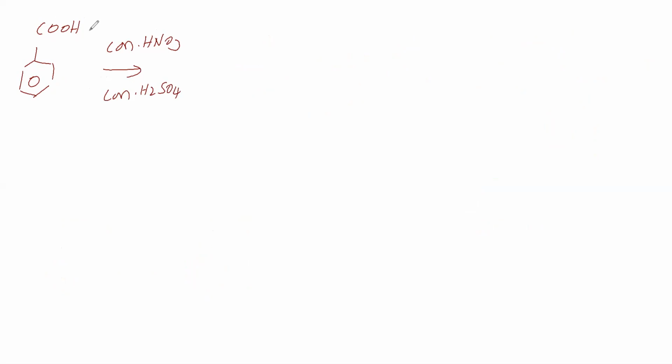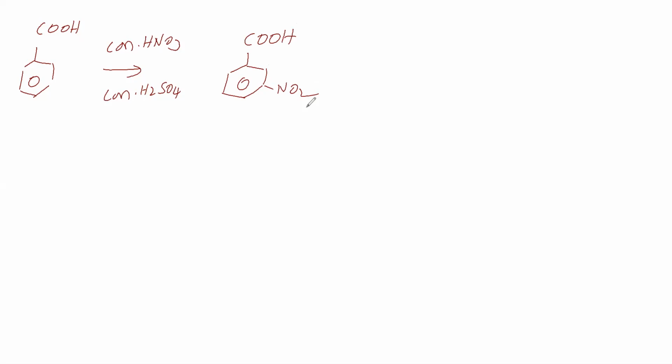This carboxylic acid is an electron withdrawing group, therefore it will act as a meta director. So nitration is possible at the meta position, and we got metanitrobenzoic acid.